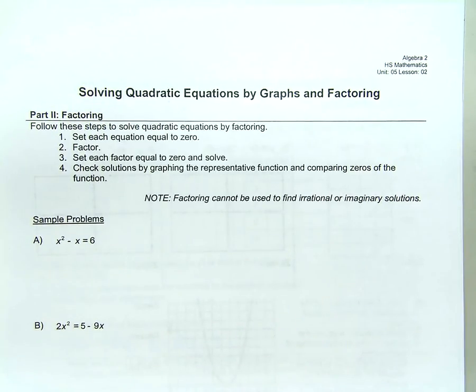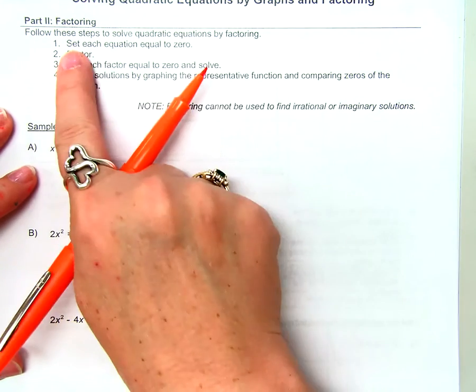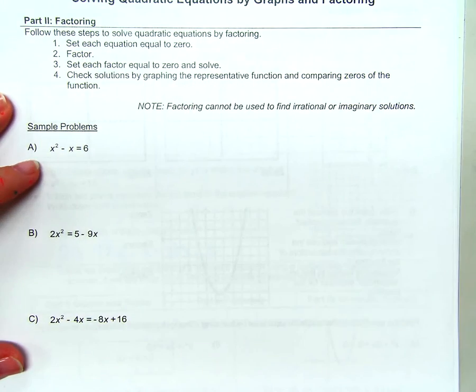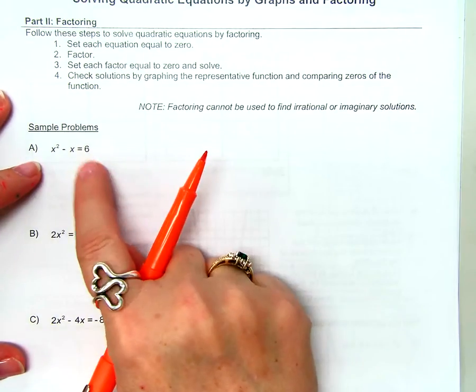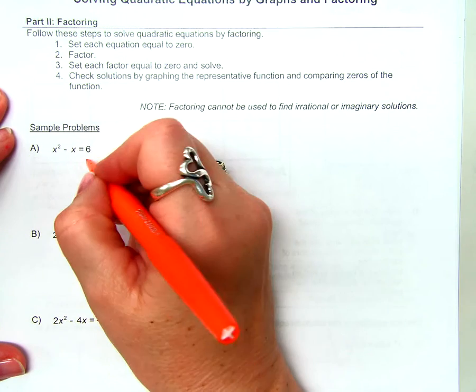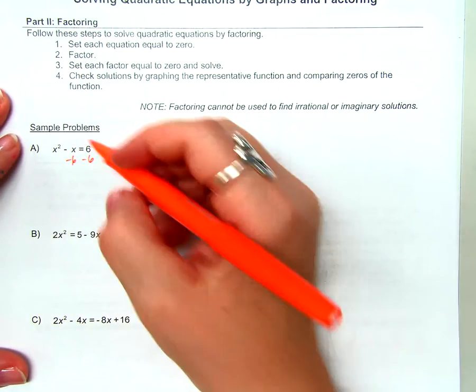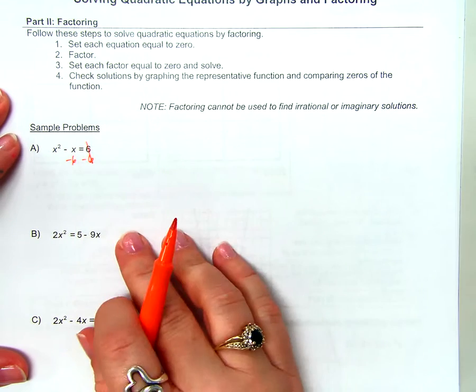Okay? So we're starting right here on sample A. First step, set each equation equal to 0. What do I have to do to this equation to get it equal to 0? Yes, absolutely. Subtract 6 from both sides. When I subtract 6 from both sides, that now is 0, isn't it?